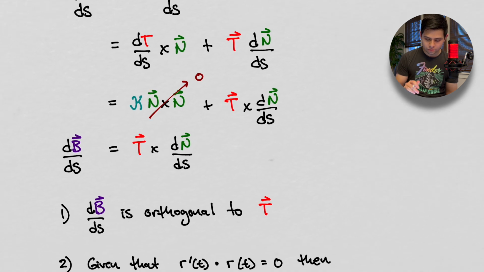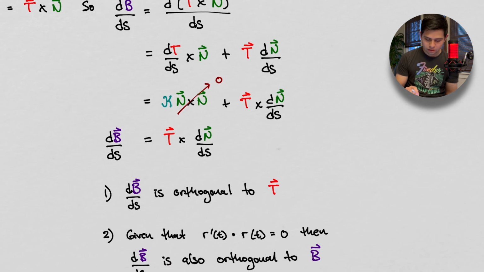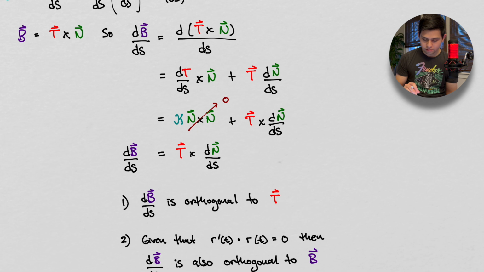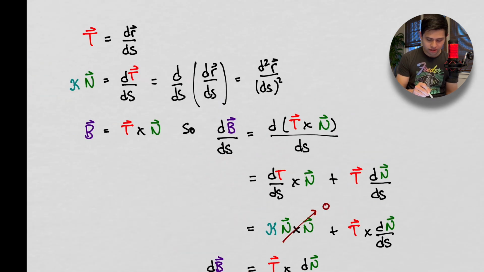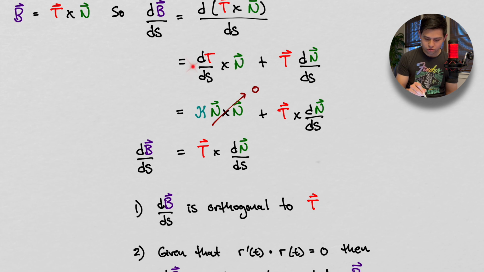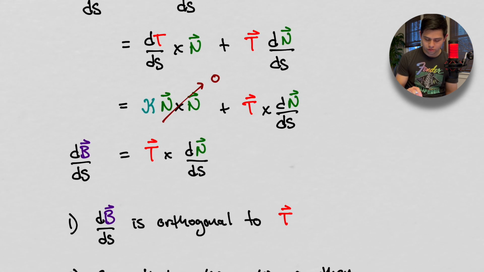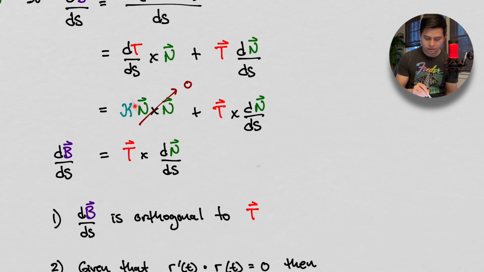Then we see that this here is just a normal crossed with the normal. Well, that's going to be 0, because any vector crossed with itself is 0.